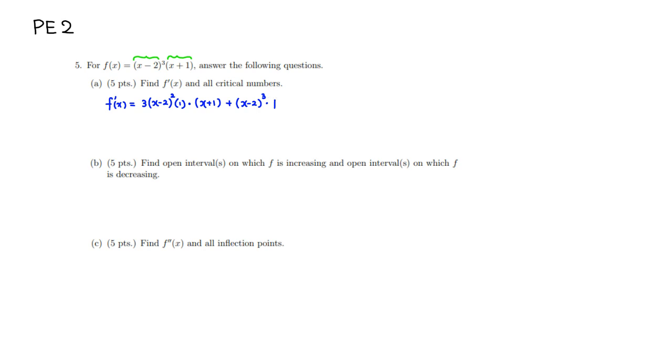Let's see what's in common. You have quantity x minus 2 squared, and actually there are 3 of them here. So I'm going to circle the 3 just to remind myself that there's going to be another x minus 2 there.